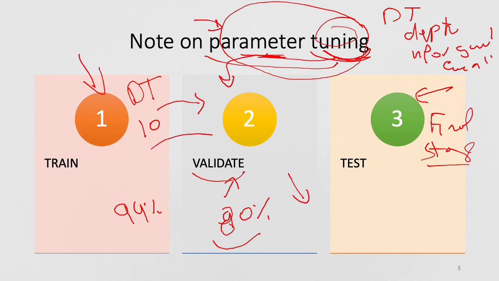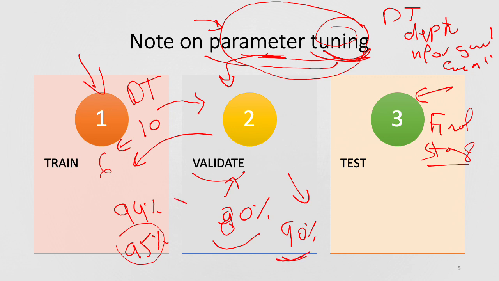Then I can go back to my training stage and modify the depth to, for example, 6 levels. Then the training accuracy now will be maybe just 95%, and the validation accuracy will now be 90%. So I just fine-tuned the parameter of my model to achieve better performance on the validation set.